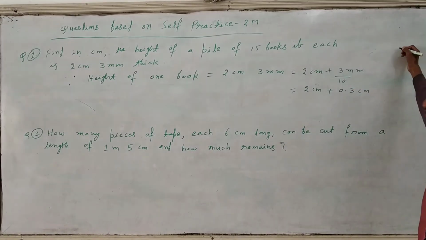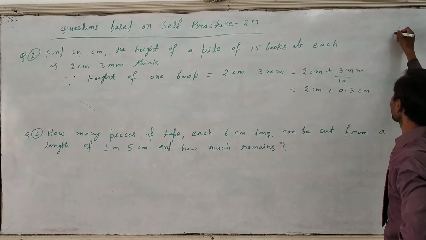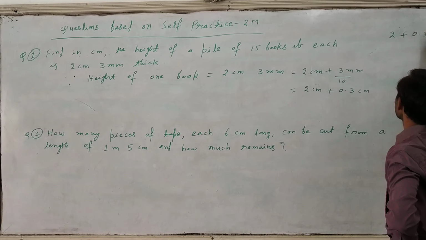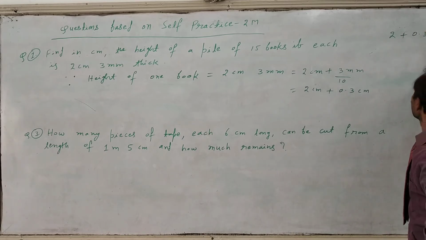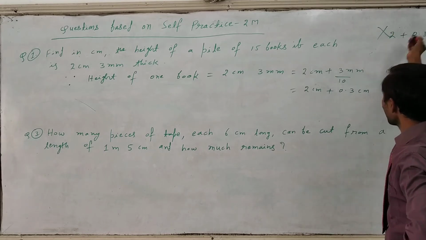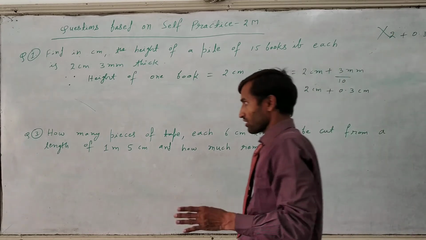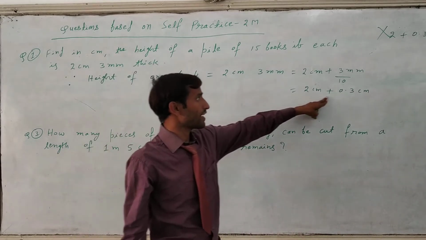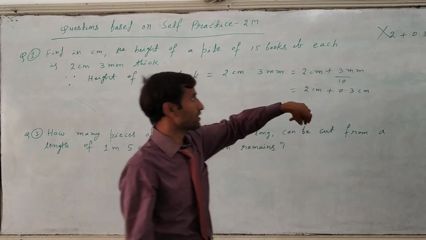Sometimes children get confused about how to add. If we add 2 plus 0.3, sometimes children write 0.5 centimeter, which is wrong. For that we make it like a decimal, then add, and the correct answer will come.